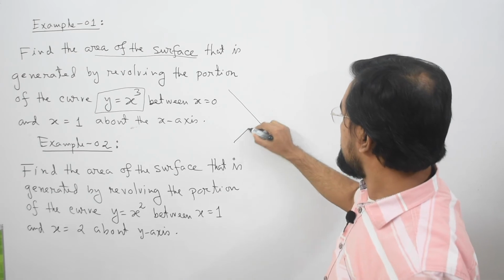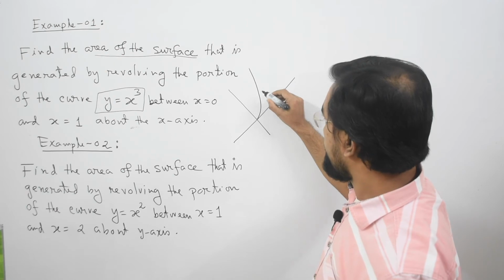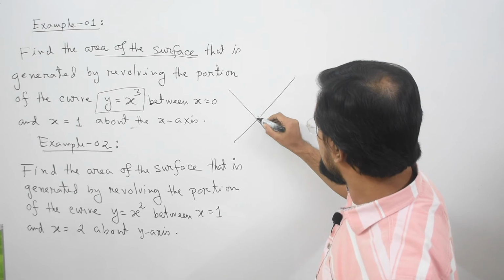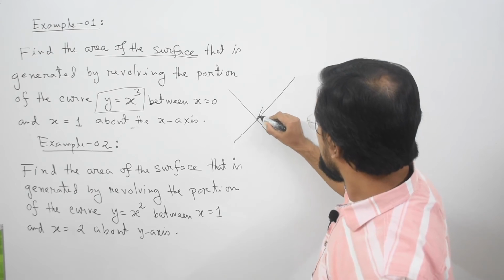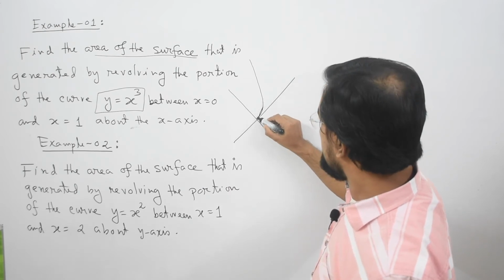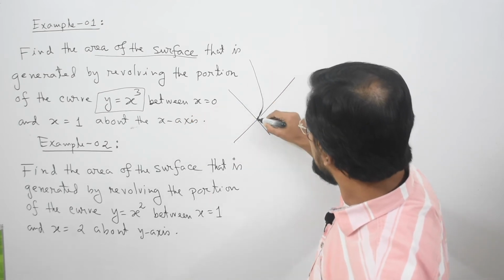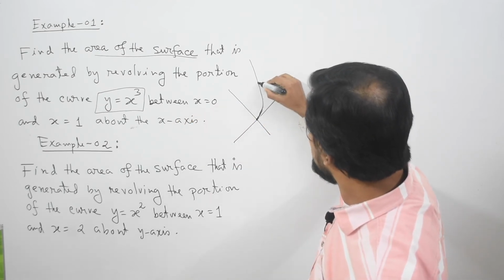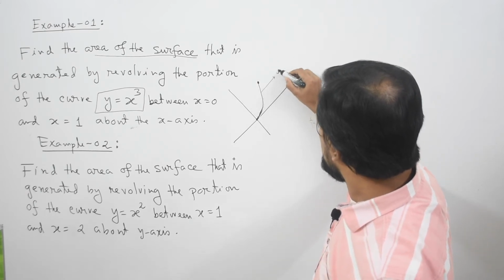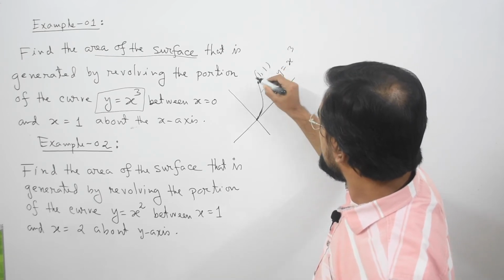So if you revolve about the x-axis, the curve will look like this, and from x equal 0 to 1, so 0 is here and 1, let's say, is here. This curve is y equal to x cube, and this point is (1, 1).